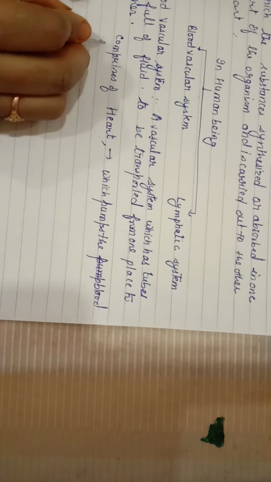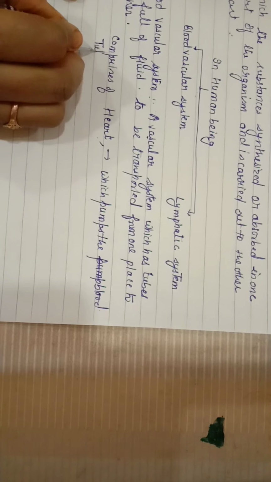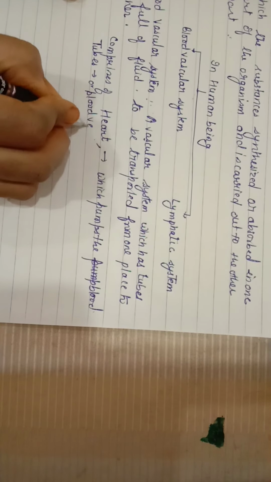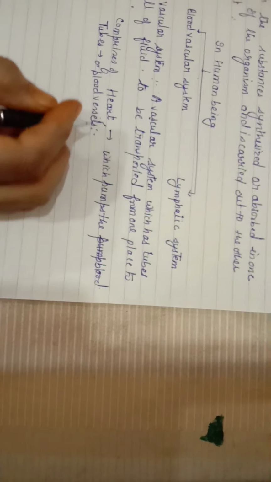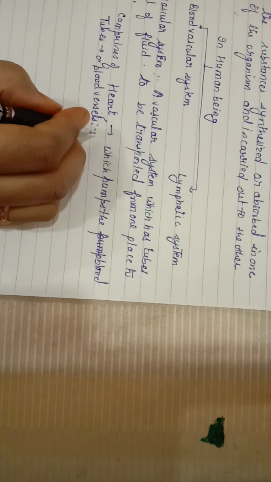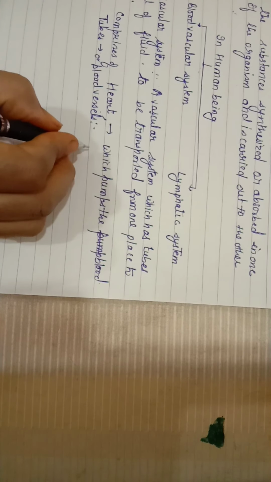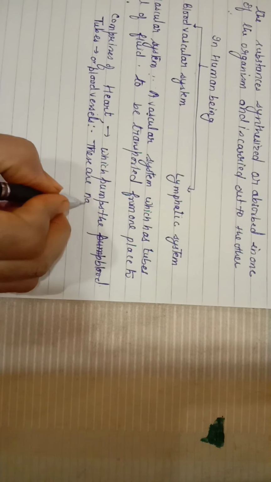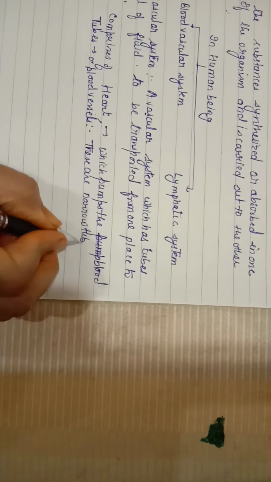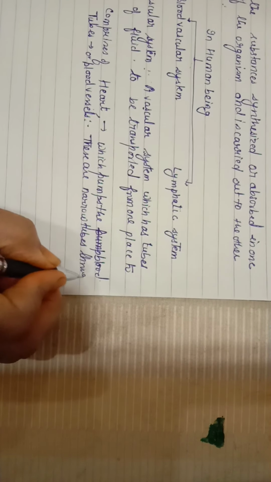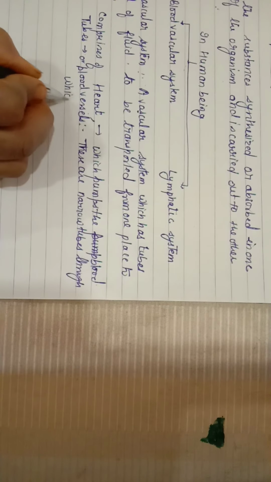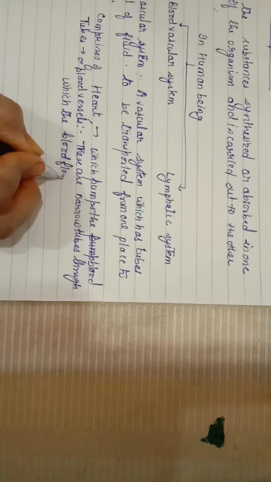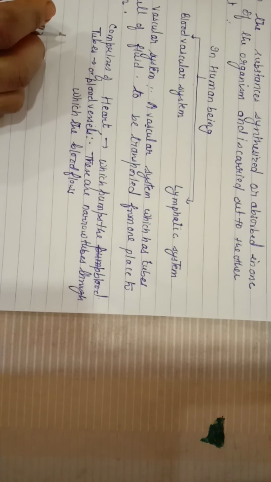The next one is the tubes or blood vessels. These are narrow tubes through which the blood flows.